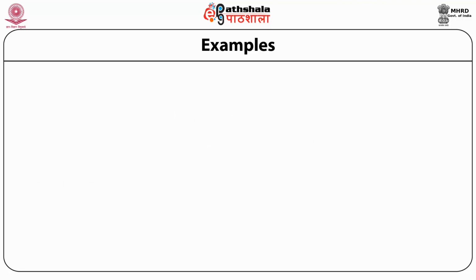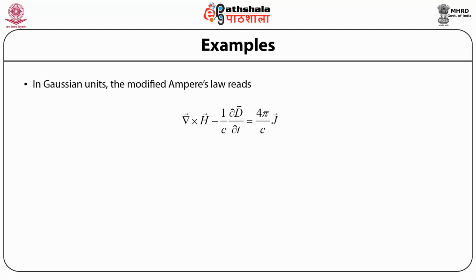Example number 2. In Gaussian units, the modified Ampere's law reads as del cross H vector minus 1 by C del D vector by del t equals 4 pi by C J vector. So, to obtain the equation in SI system, make the following replacement.